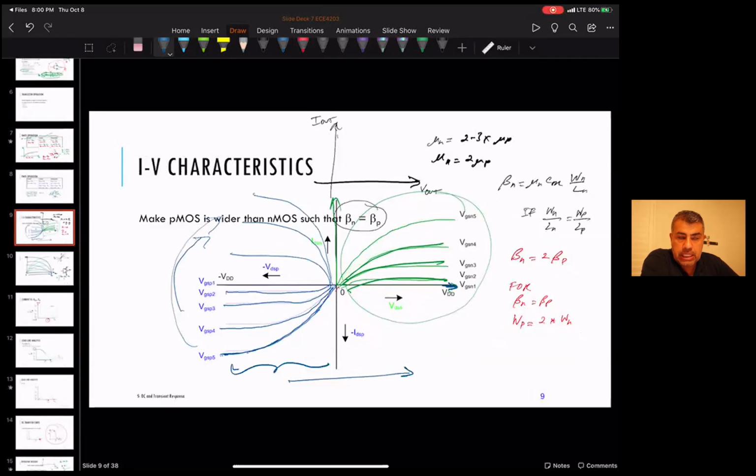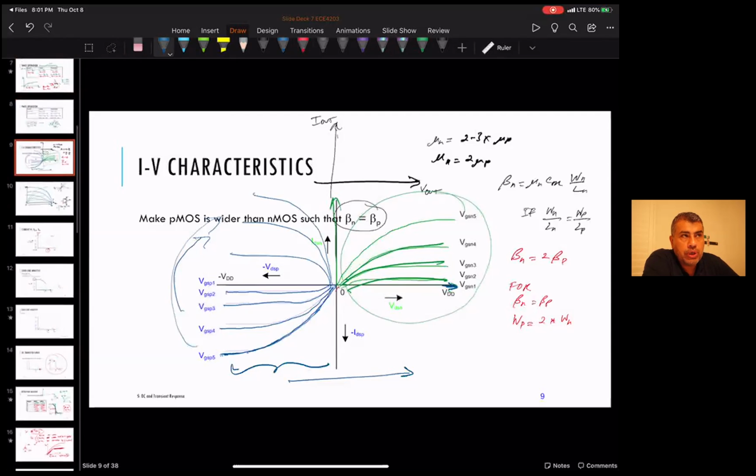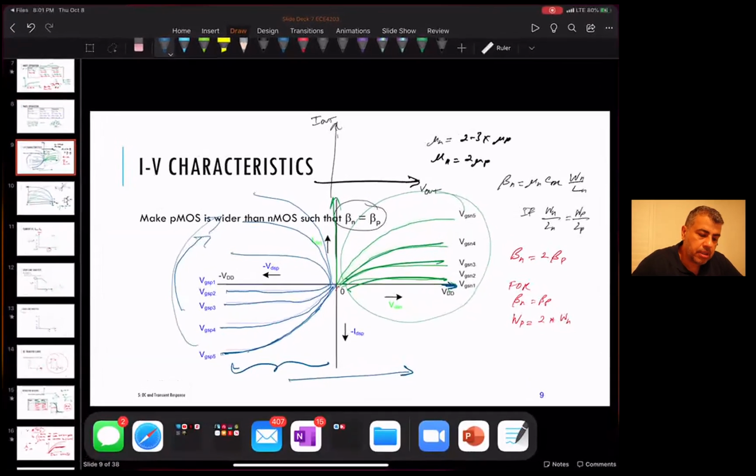The P and the N curves versus your supply or gate source voltage, or 1 and 0. Now, when they manufacture, if you remember from, let me see if I can do this without pulling everything up.